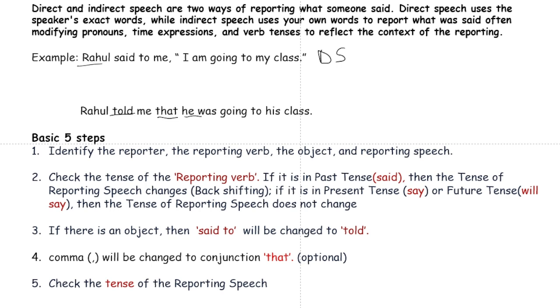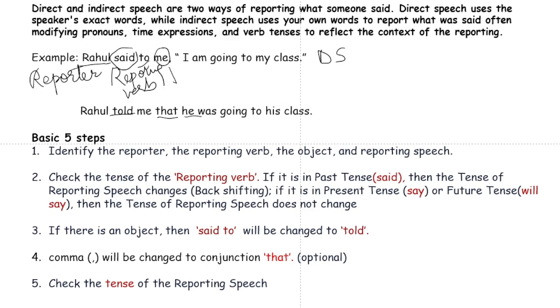Rahul is speaking to me, Rahul is talking to me, and Rahul is saying something. So Rahul is the speaker, or we can say Rahul is the reporter. Clear? Then said. Said is a reporting verb. This verb plays a very important role, and you will see later how important it is in this sentence.